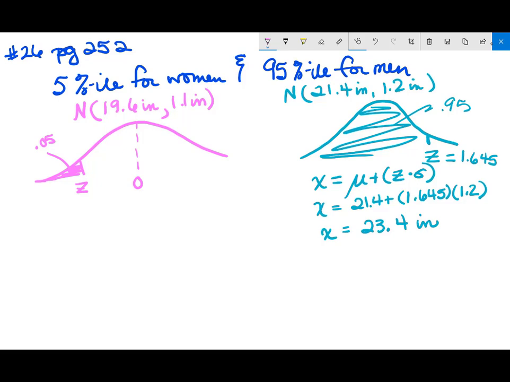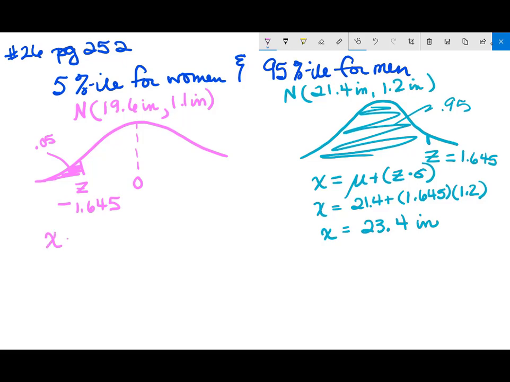So again, I'm going to go to StatCrunch, and I'm going to put less than or equal to. I'm going to leave my x value blank, and I'm going to put in 0.05 for my probability, and I get a negative 1.645.